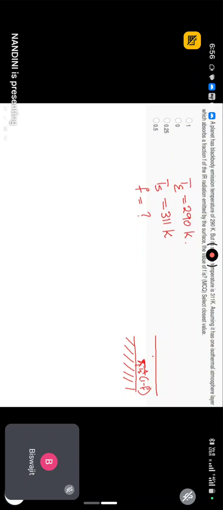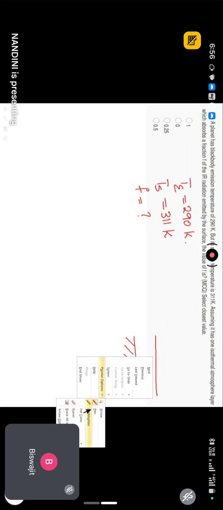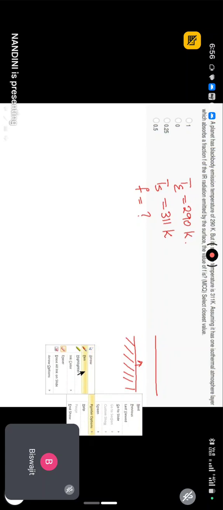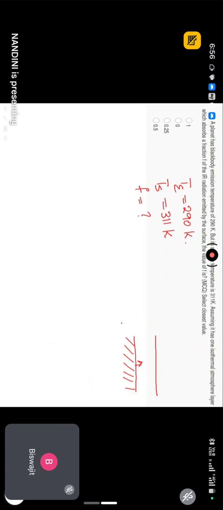In that case, this is the surface. The outgoing radiation will be F sigma Ts raised to 4.